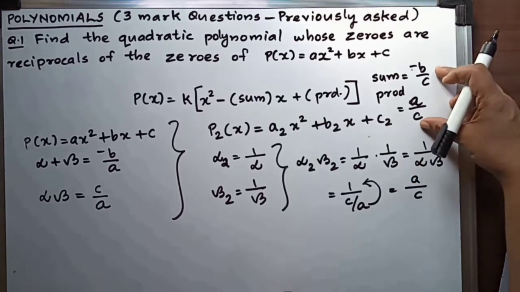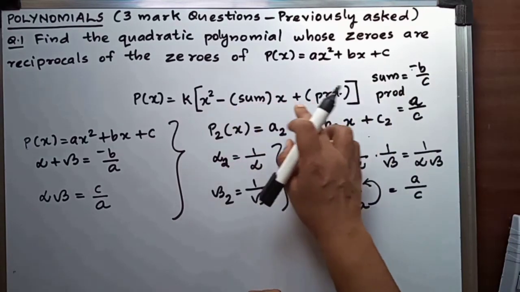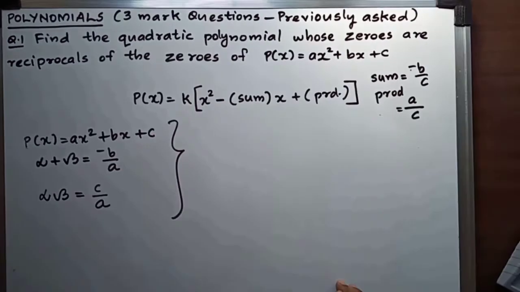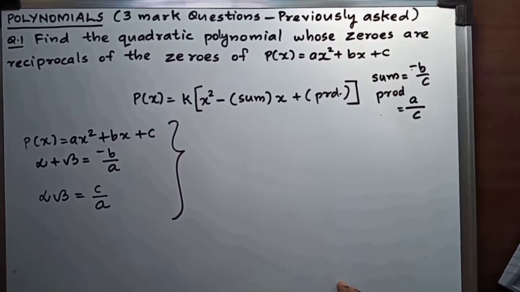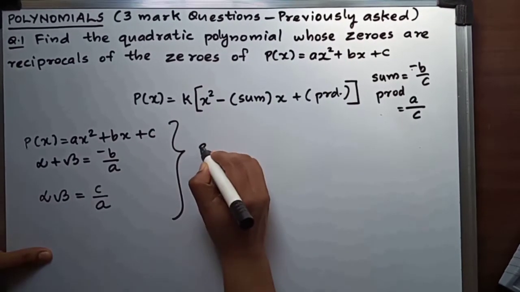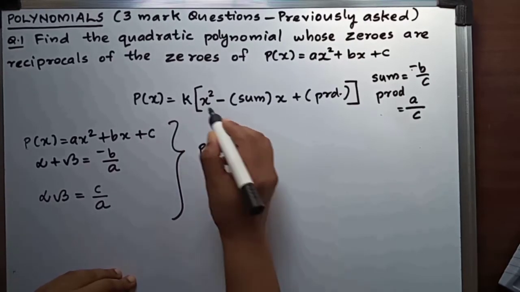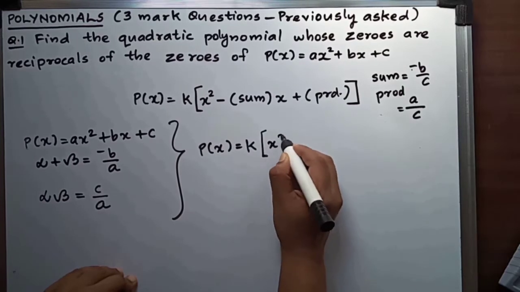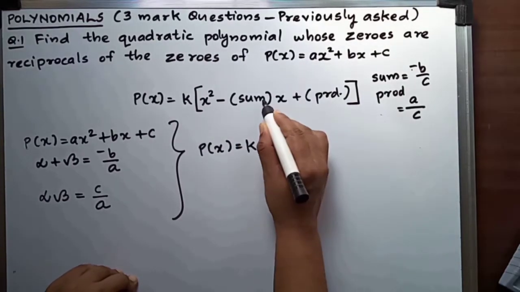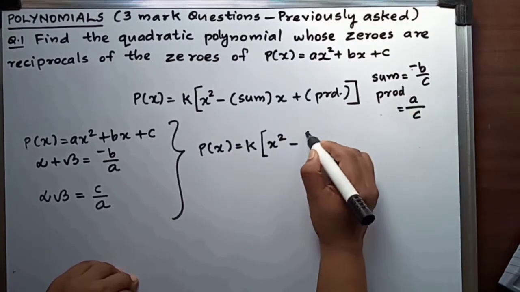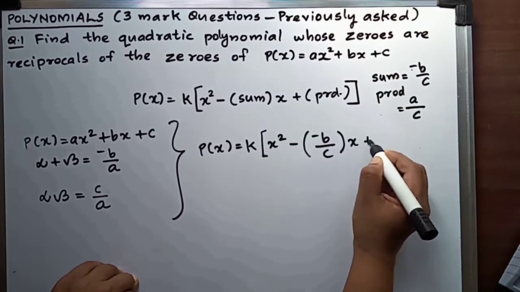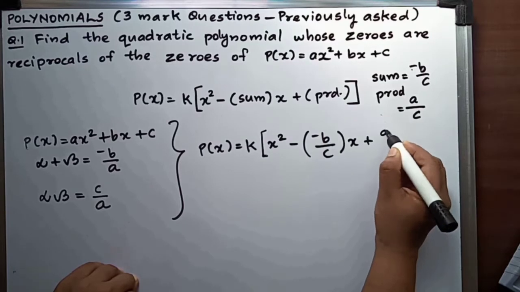Now let us take these values and apply it here so that we will get the required polynomial. So let us write the required polynomial as p of x is equal to k, where k is just a constant, x square minus sum of zeros, minus b by c, into x plus product of zeros, a by c.